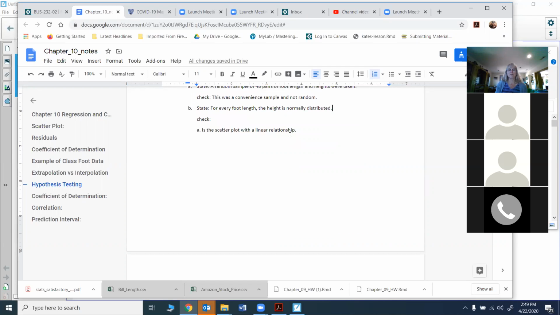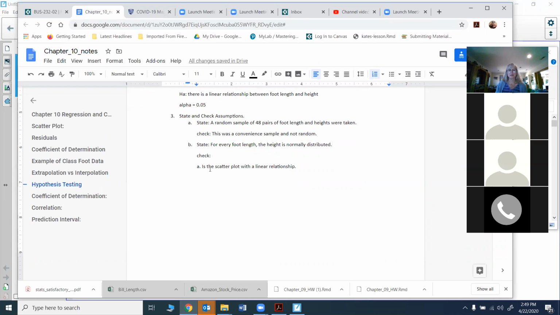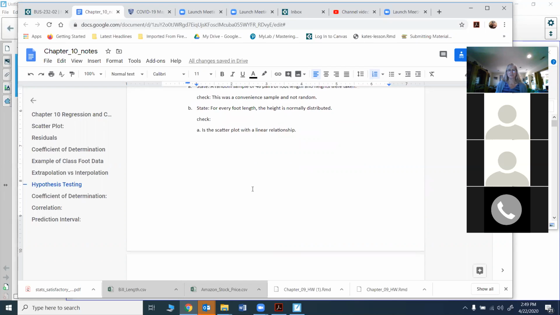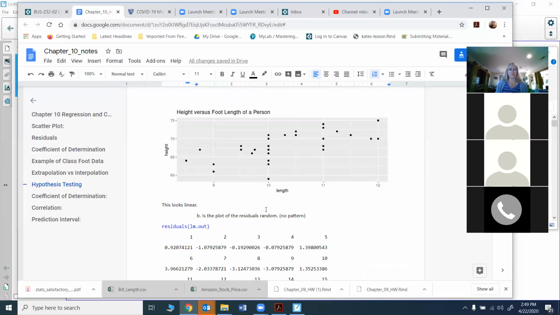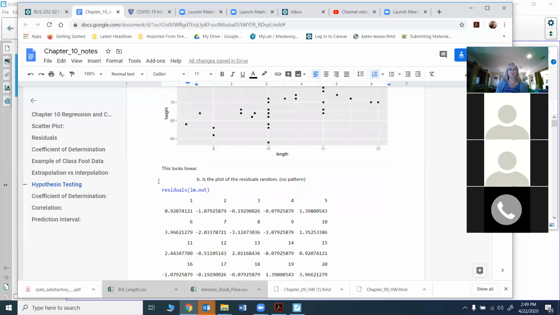Okay. So here, the way we check the normal distribution one is we look to see if we have a linear relationship from our scatter plot. Again, it's not perfect, but there does seem to be a linear trend to this. So you could say, yeah, it kind of is. And then we also look at the residuals, and we talked last time about how we create those.